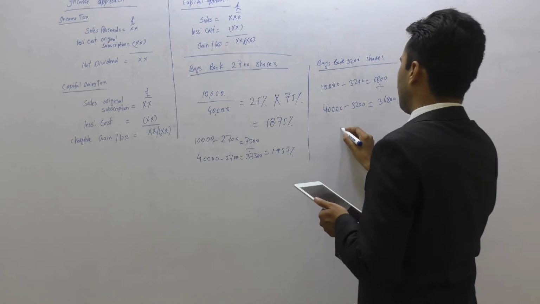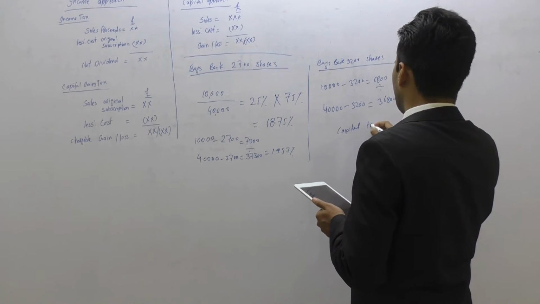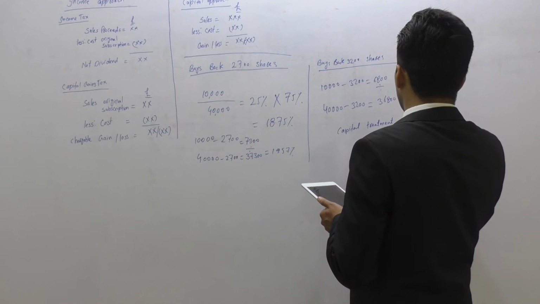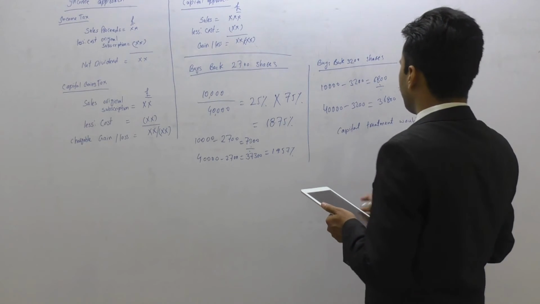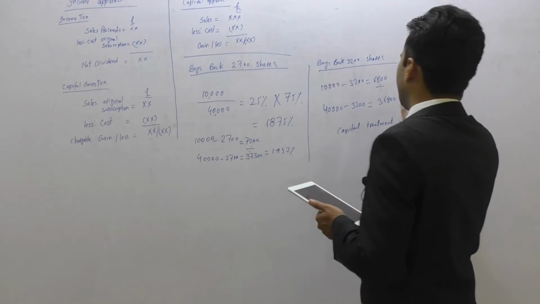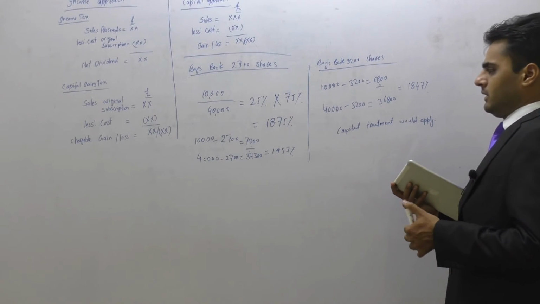So in this case the capital treatment would apply, because it is reduced to less than 75% of the original, and it is less than 30% as well.